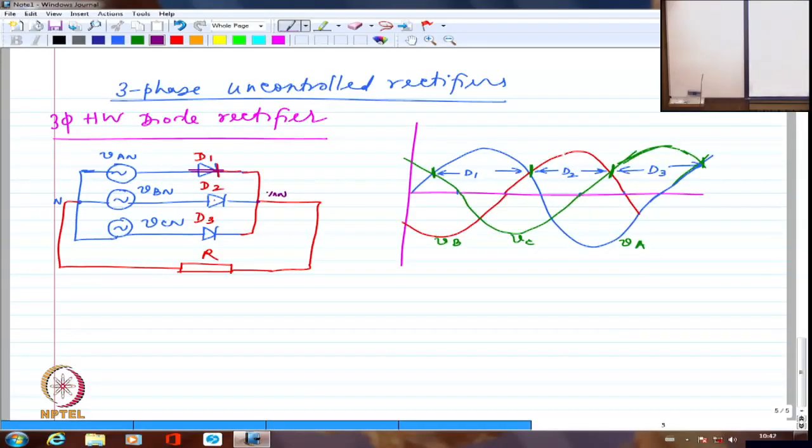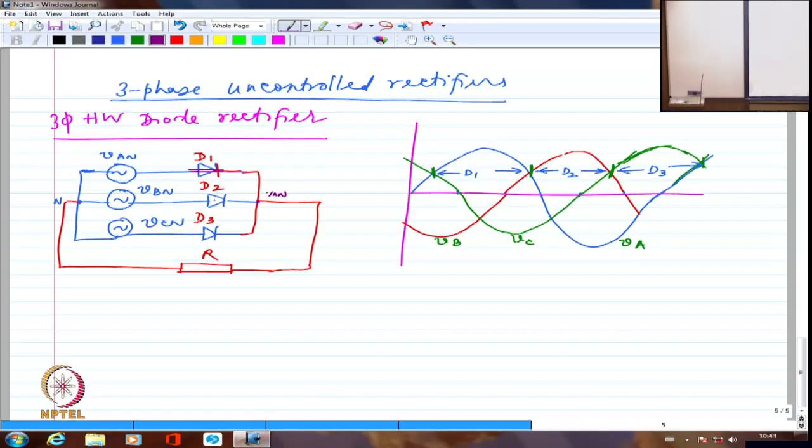D1 and D3 will automatically be eliminated, because beyond this point, D2 will get automatically forward biased. Because it gets forward biased, it will jump into conduction. And once it jumps into conduction, you are going to have the other two diodes eliminated automatically. Right?